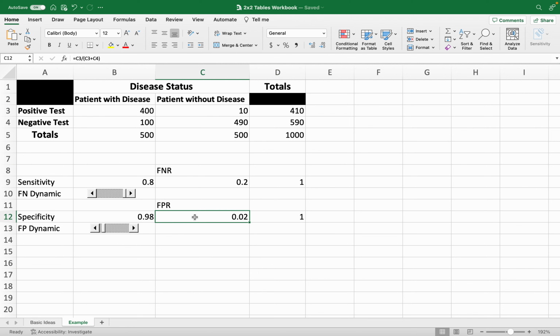It's 98%, which means the false positive rate is super duper low. But if we increase the number of false positives, and you can see it ticking up, that specificity starts to go down. And at an even rate, the false positive rate starts to go up. So the higher the specificity, the lower the false positive rate, and vice versa. As the specificity drops, the false positive rate gets higher and higher.